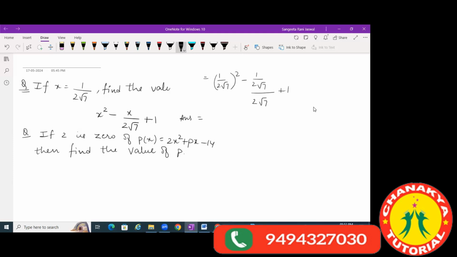Now 4 into 7 is 28, so this becomes 1 by 28. And now you have this 1 by 2 root 7. When you rationalize it, what do you get?